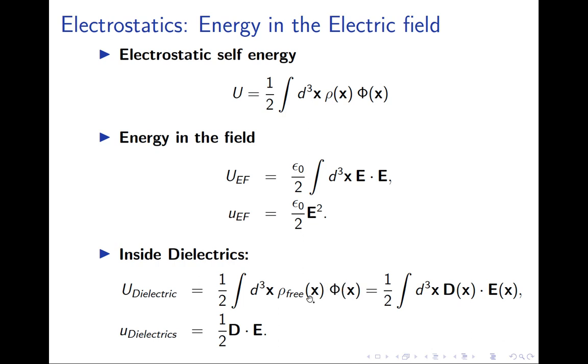Okay, so then you can use the Gauss law and write this as divergence of D. Let me think about it. Right, so you can say, okay, start from this naive expression here for the dielectric.